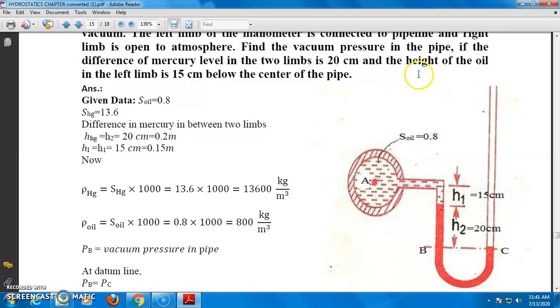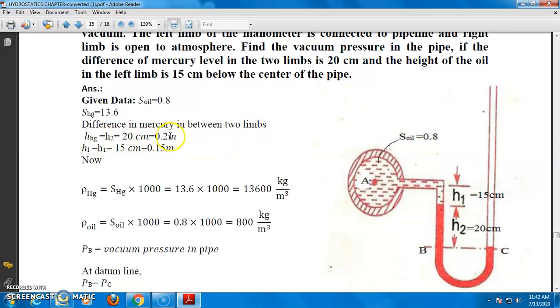Okay, so first you have to write the given data. The specific gravity of that oil is 0.8, and all of you know the specific gravity of the mercury is 13.6. The difference in the mercury in the two limbs, that is H2, is 20 centimeter.